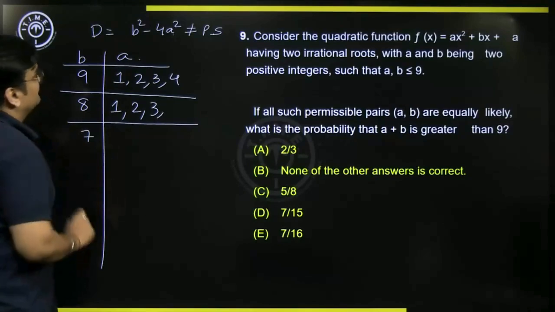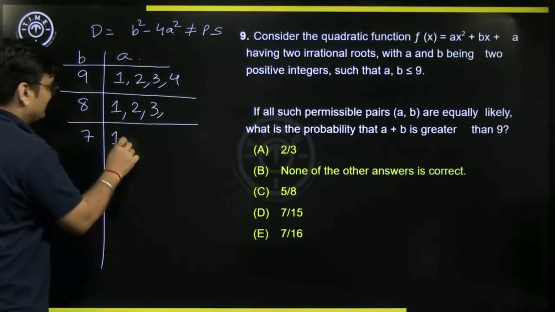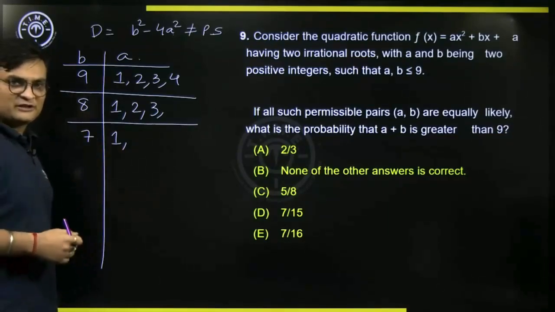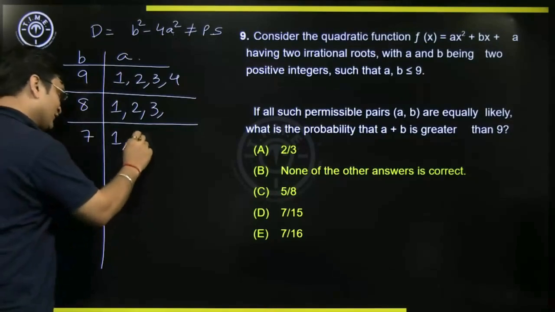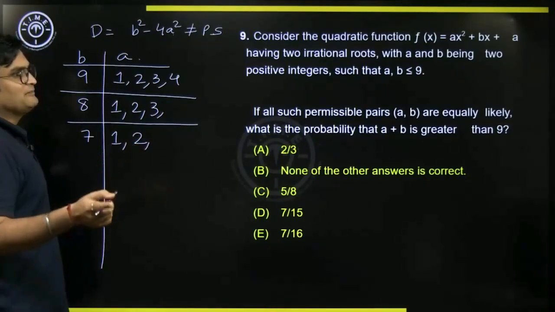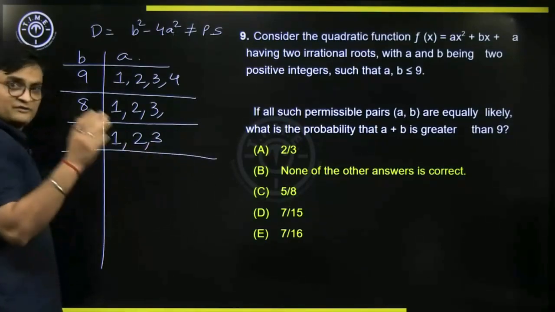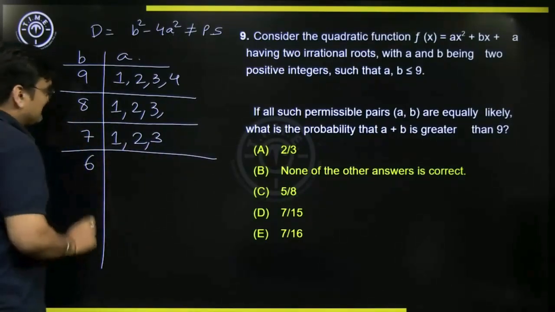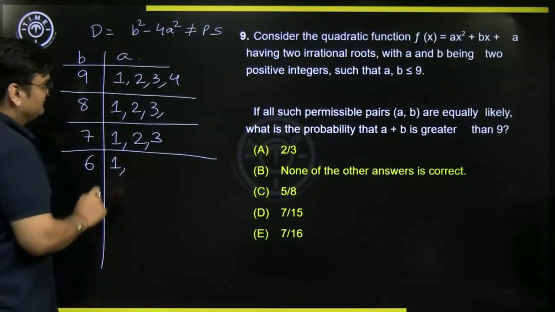If b is 7, 7 square is 49. Minus a equal to 1 is allowed, 49 minus 4 is 45, that's okay. A equal to 2, 49 minus 16, 33, that is also allowed. 3, 49 minus 36, 13, that is also allowed. So, we have 3 values. 6, 6 square is 36, 36 minus a can be 1, no problem.